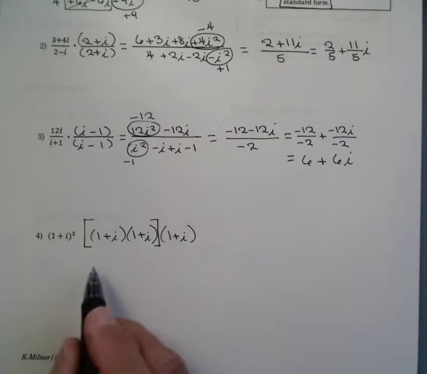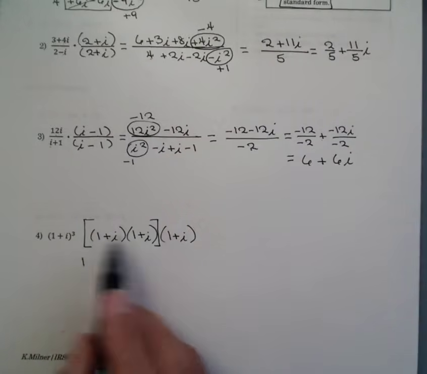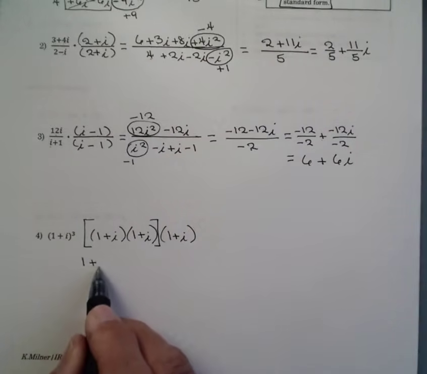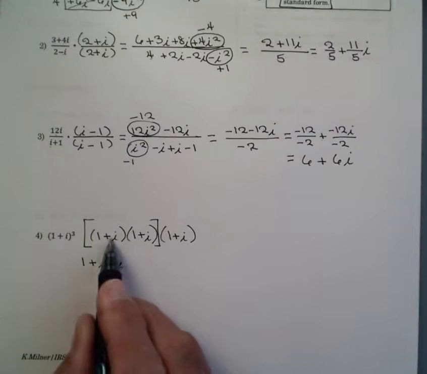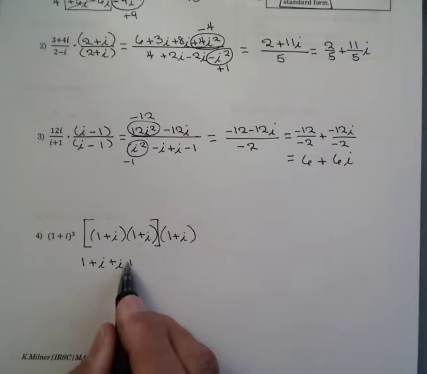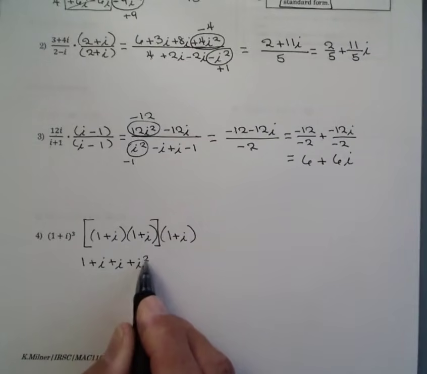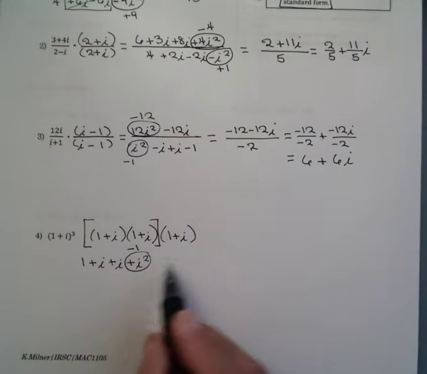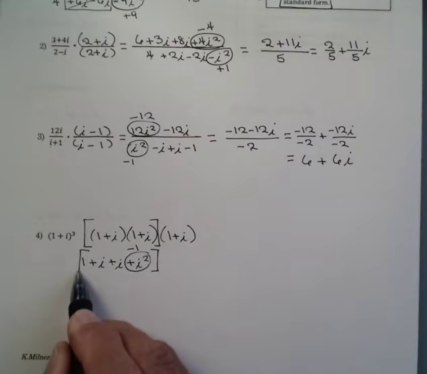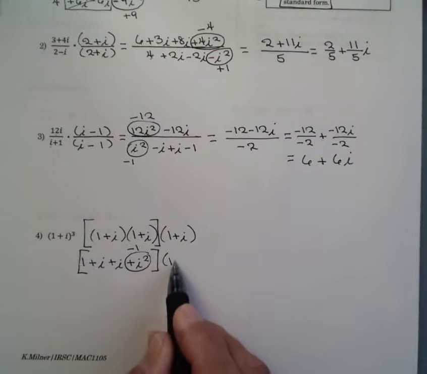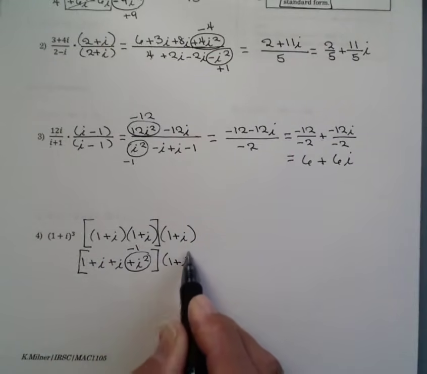I'm going to say 1 times 1, and then outside 1 times i, inside 1 times i, and last terms, i times i. I'll take a second and write that down as a negative 1. And then I'm going to say that has to all still be multiplied times 1 plus i, okay? I don't want to forget what I'm doing.